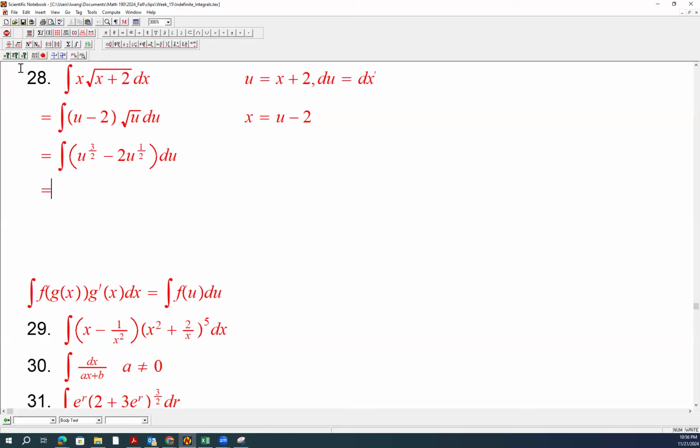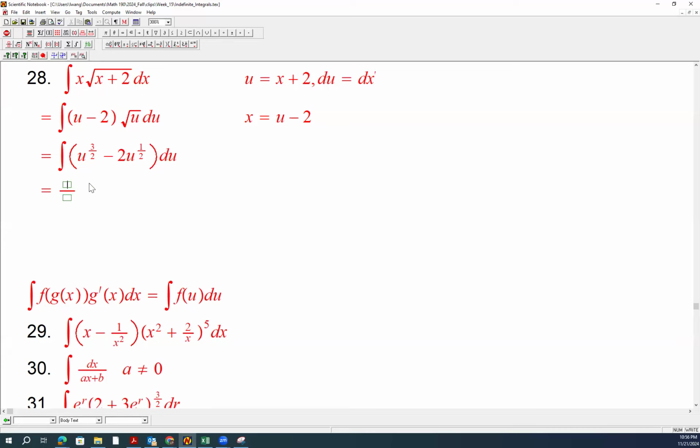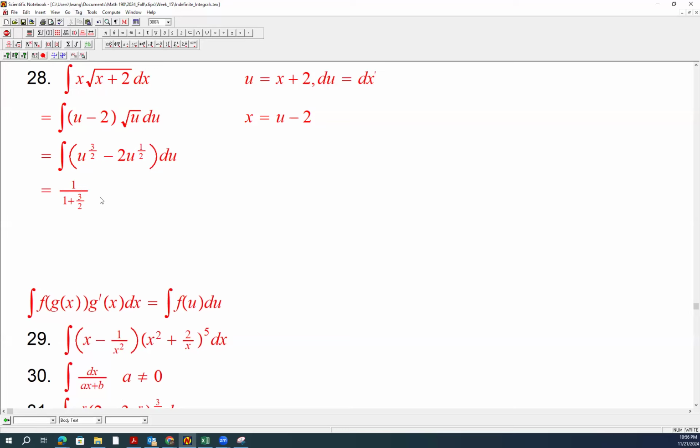Equal to the antiderivative of each one. So this is going to be 1 plus 3/2, and then u raised to the power of 5/2. Minus, there's a 2 times here. Be patient with ourselves.